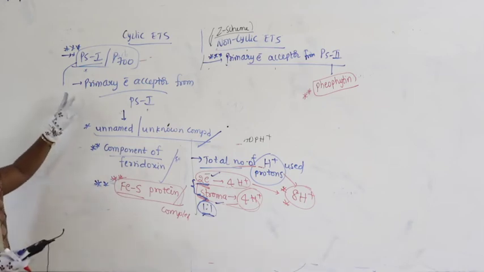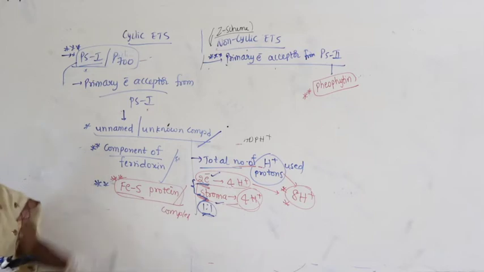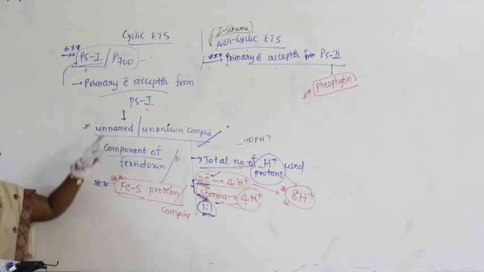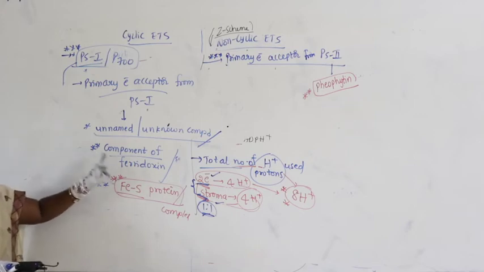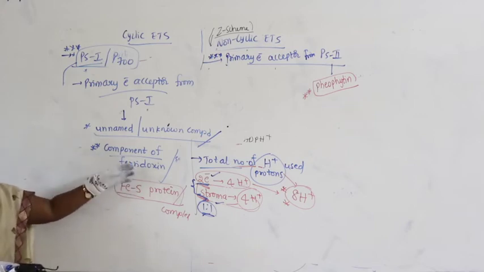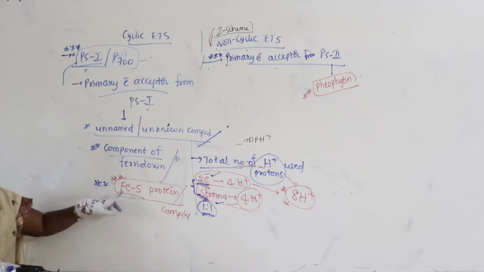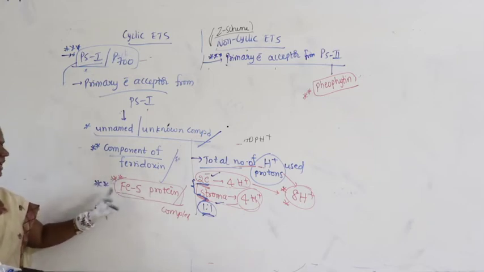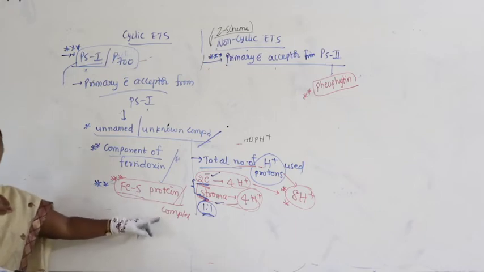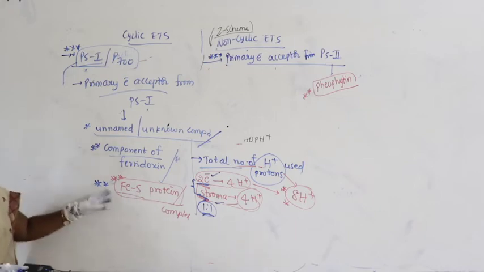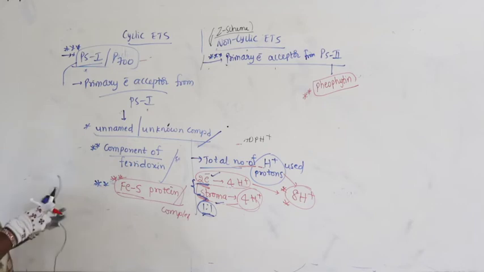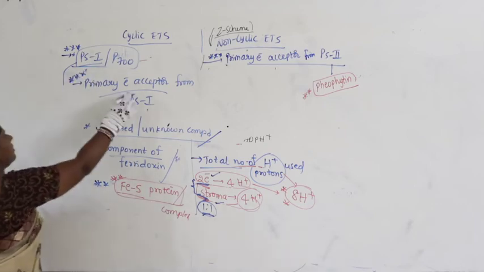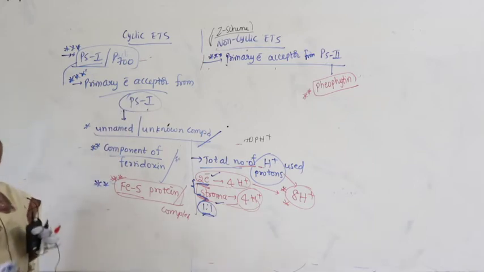If the question is primary electron acceptor from PS1, then unnamed or unknown compound. If this is not in the options, then you can take component of ferredoxin, which is made up of iron sulfur protein. If this is not there, then choose iron sulfur protein component or complex. This is for the primary electron acceptor from PS1.